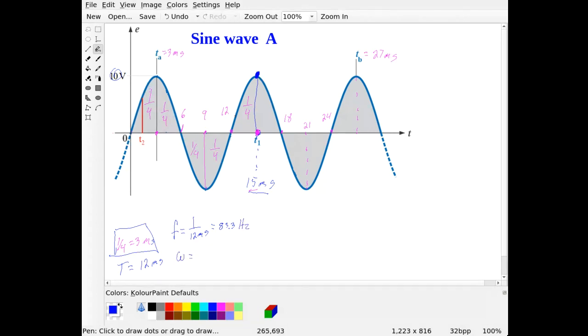And then we can say, well, omega is 2 pi divided by T, which is also 2 pi f, whichever way you want to go. So omega is 524, and the units for that are radians per second.